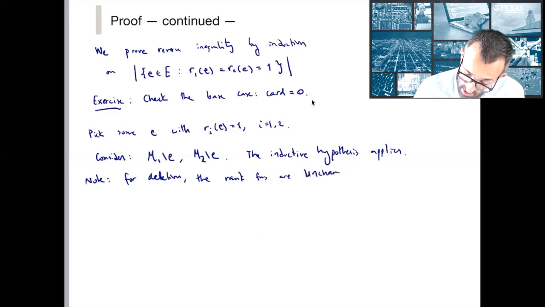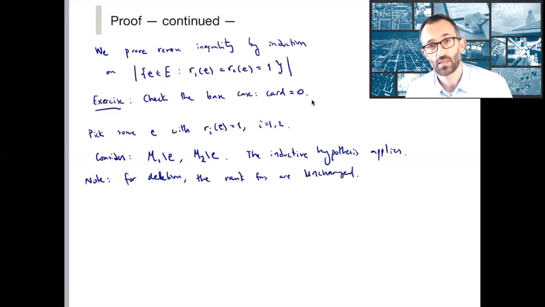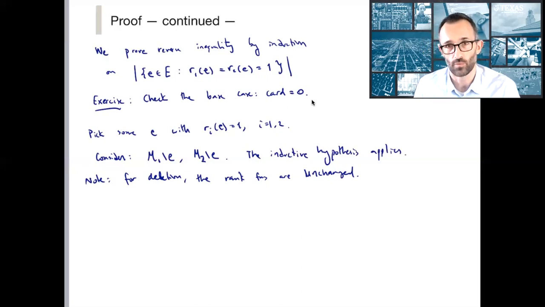What I mean by unchanged is that if you have a subset that does not contain E, then that subset is equally in M1 and M1 having deleted E, and the rank, whether you measure it using the rank of M1 or of M1 deleting E, is the same. That's what I mean by this statement. And we should contrast that with contraction, where that is not the case.